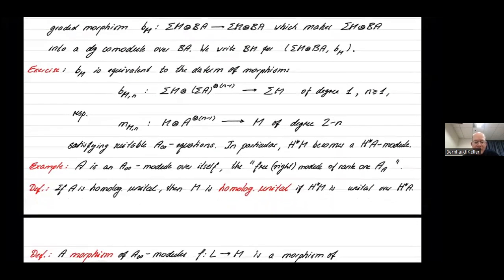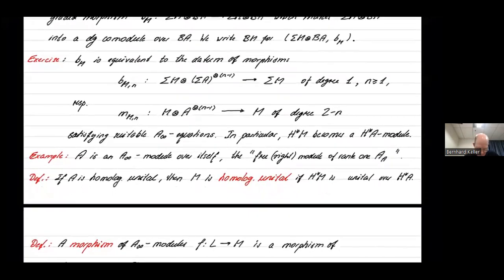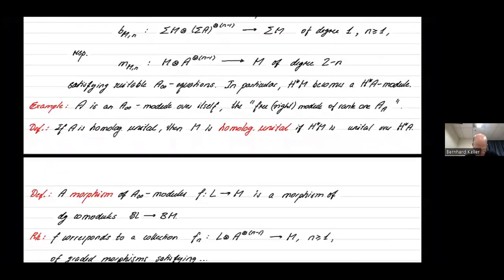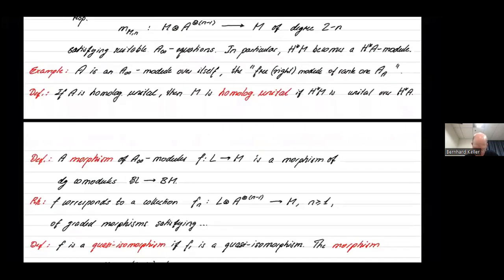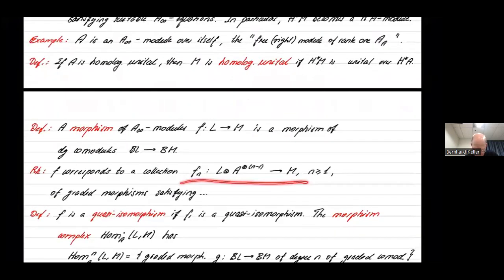Okay. Then we have the natural notion of morphism, which we can define most quickly using the bar construction, or equivalently using the language of families of graded maps f_n defined for n greater or equal to 1 of degree, let's see, 1 minus n, if I'm not mistaken.